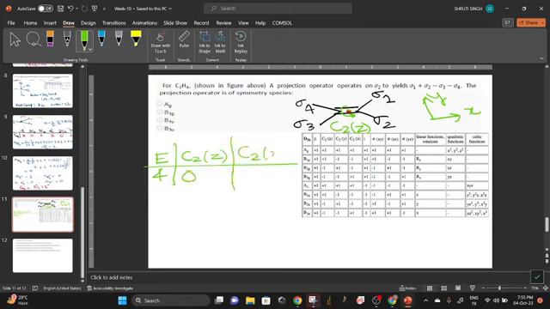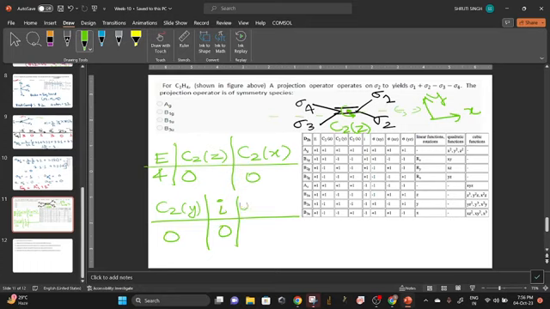Then C2X, in this direction: again 0. Then C2Y: 0. Then inversion: 0, because everything will change.